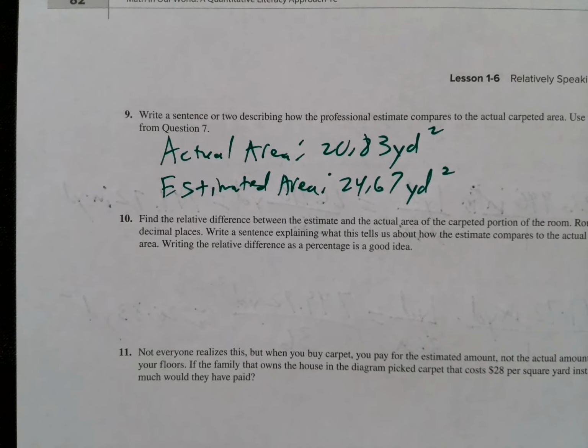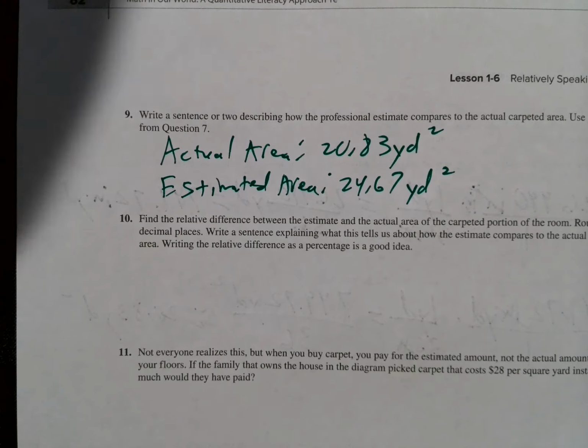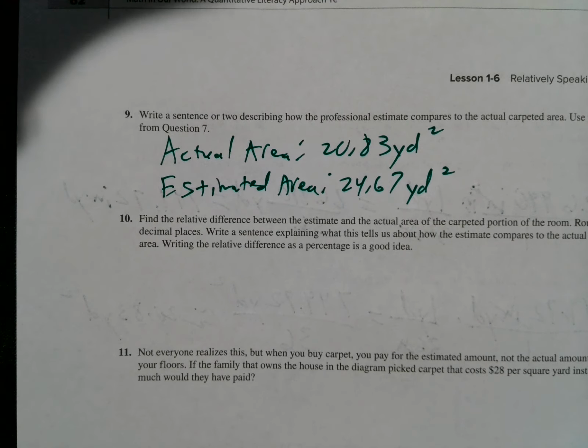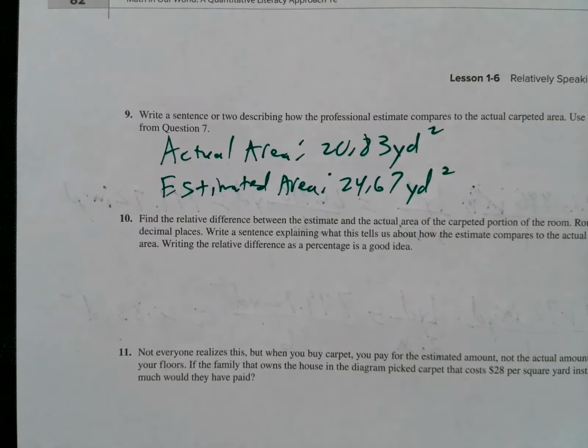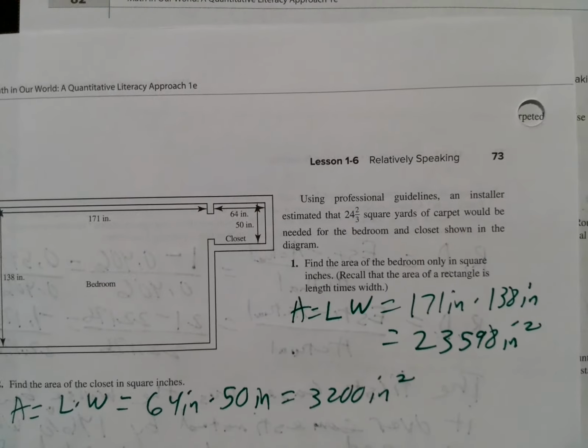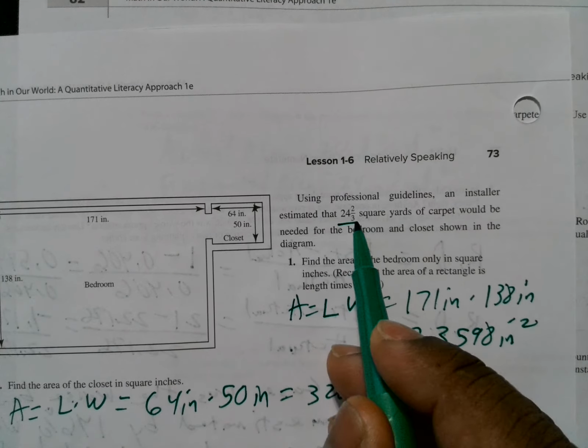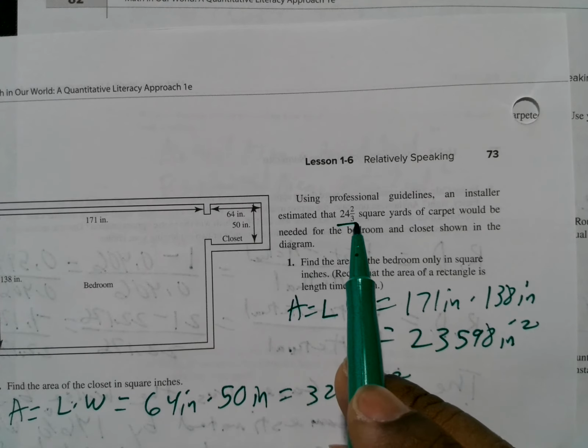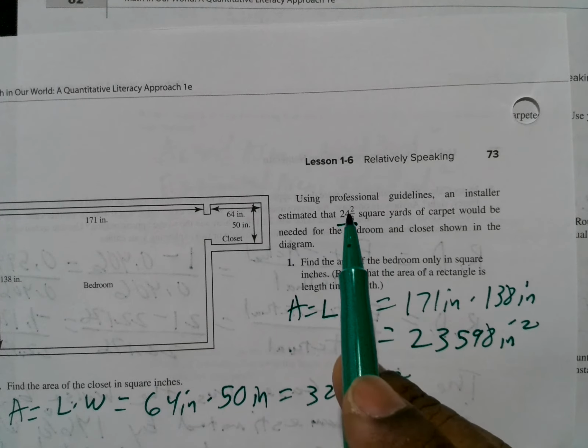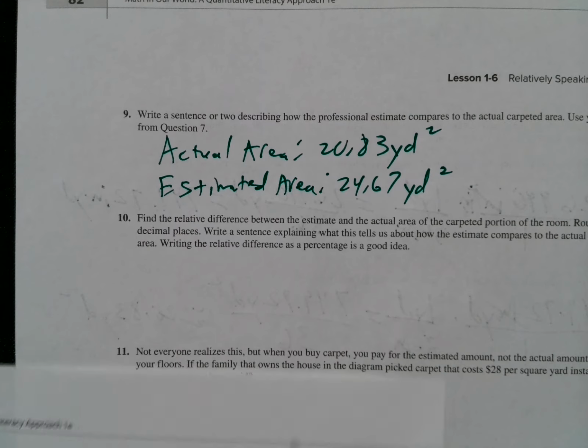Now let me show you where we got that 24.67 from. It was actually back on the directions for problem number 1. When we had the estimate that it was 24 and 2/3 square yards, so we wrote that as a decimal, which would be 24.67 square yards.